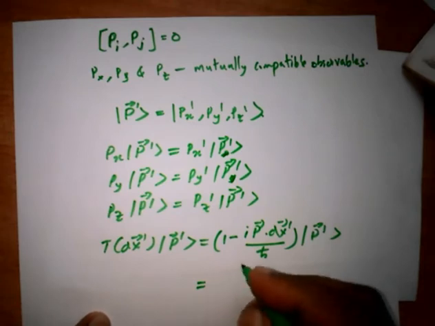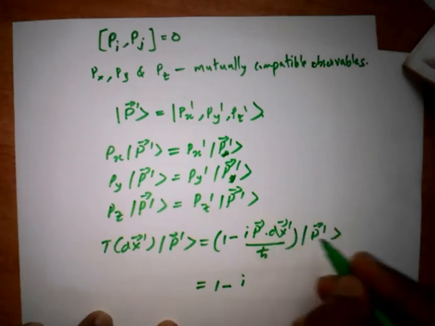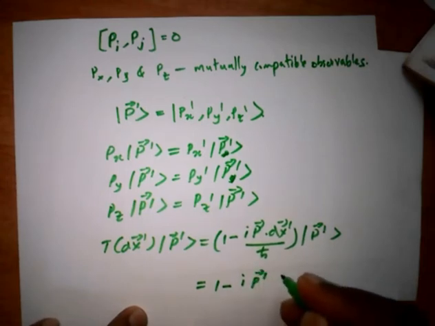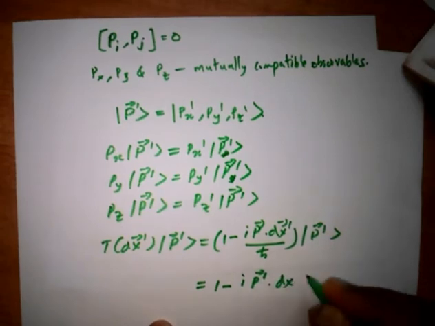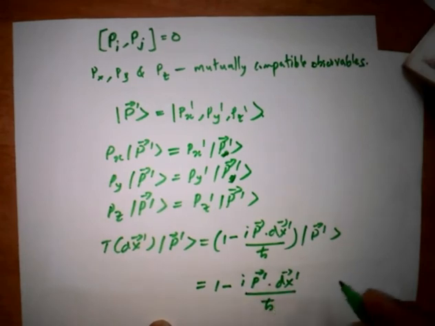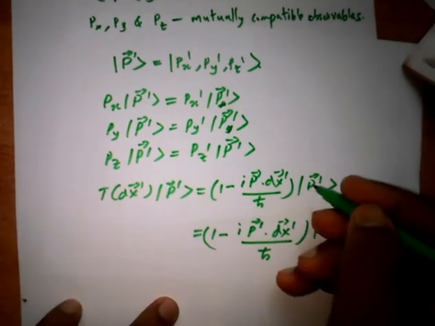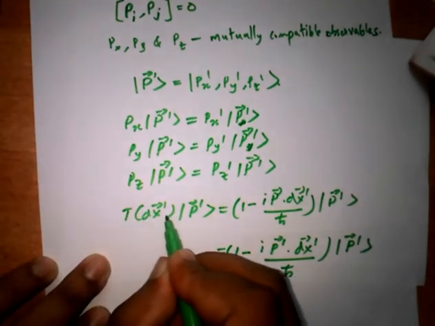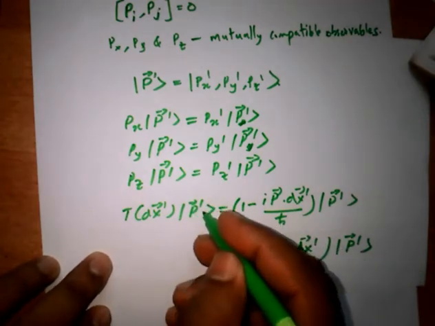This will provide 1 minus i p dash dot dx dash divided by h cross, times the state p dash, since p operating on p dash gives the eigenvalue p dash. That is, the momentum eigenket remains the same if you operate the infinitesimal translation operator T of dx dash on the momentum eigenket p dash.